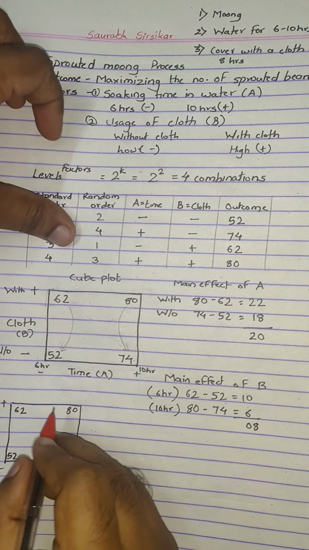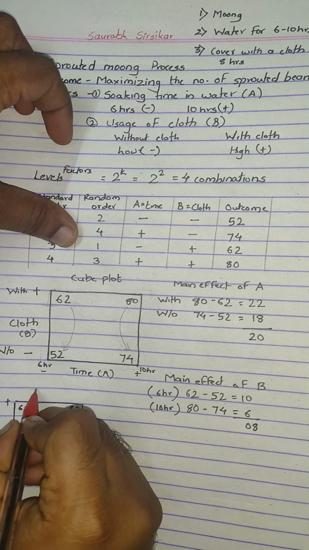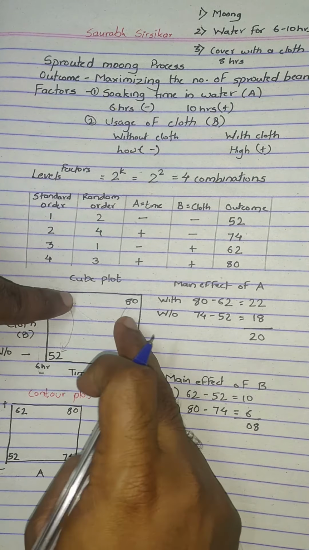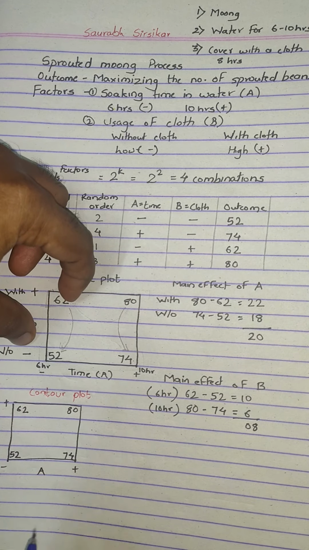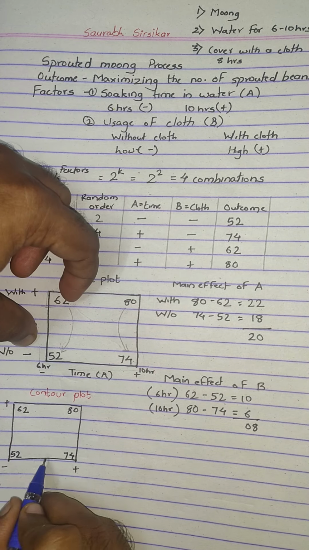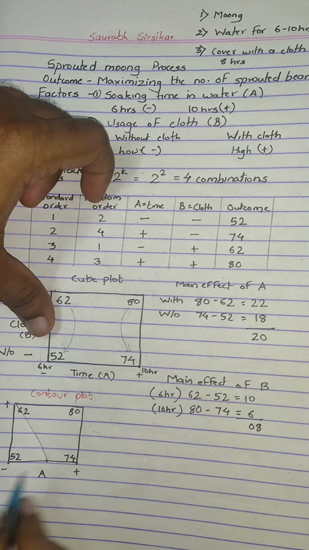One more way to analyze these results is drawing a contour plot. To make a contour plot, I have copied this cube plot over here. If I want to plot 62 on this line, it would be somewhere here, so I join this point to here.